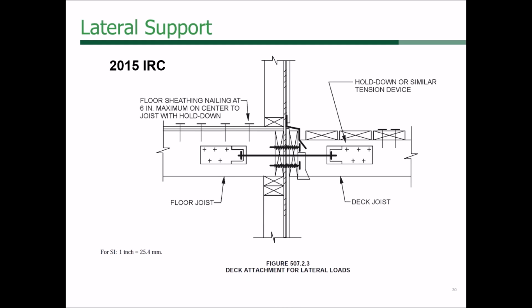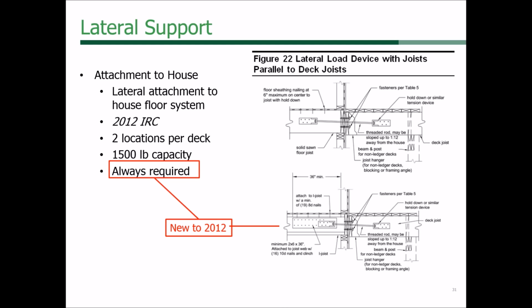They just knew it was better than not having it. So they threw this in, and consequently every IRC has had it since. We have the exact same method, except ours is a little more detailed, so you can do a slope so that condensation can get out. You can see the bottom one there is connected to an I-joist, so you can know how to work with that.